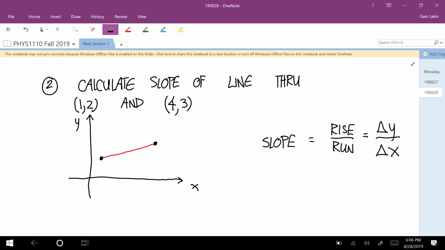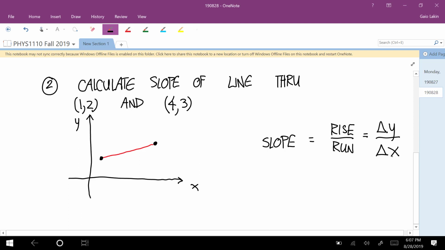There's no automatic starting point or anything. You'll get the same answer either way. But the way I'm going to do it is I'm going to start at this point, and this is going to be my destination point.